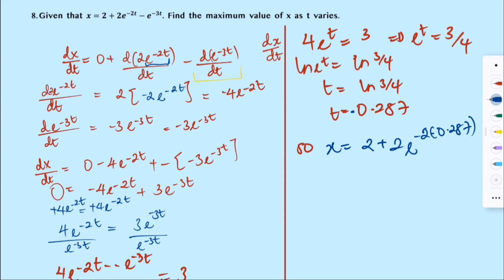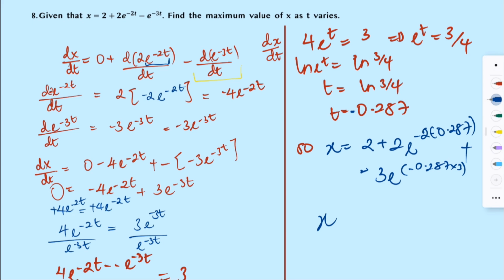When you do a natural log of a number less than 1, you should get a negative, so this is supposed to be minus, pardon me, plus negative 3 e to the power negative 0.287 times 3.